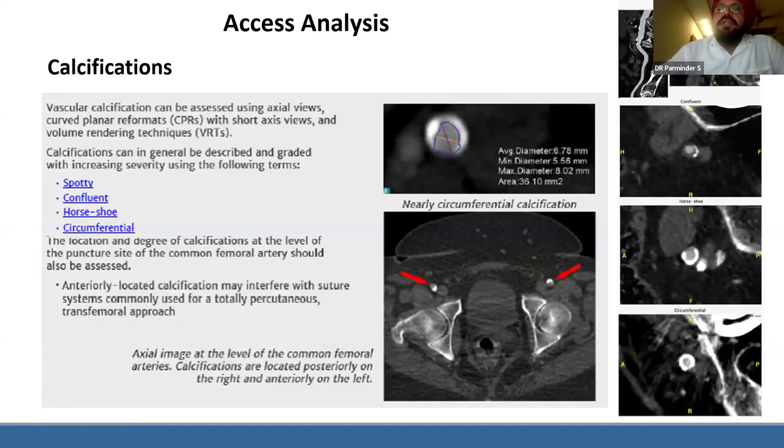Although in such patients you can use other methods, there's an issue with suture-based devices if you have anterior calcifications at the puncture site. So always do ultrasound guided puncture if there are calcifications, and try to avoid anterior calcifications at the puncture site. When you puncture, go up or down a little bit and avoid these calcifications at the puncture point.